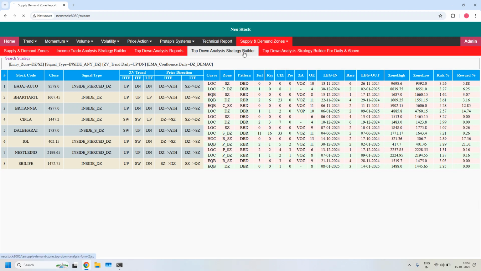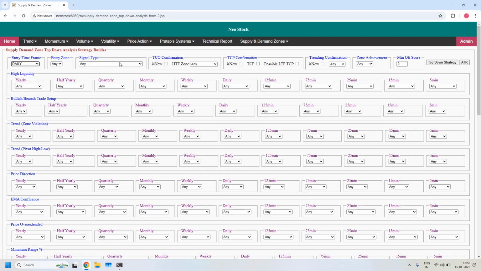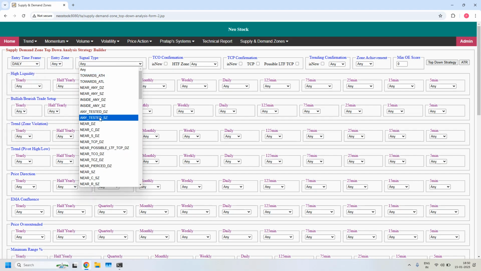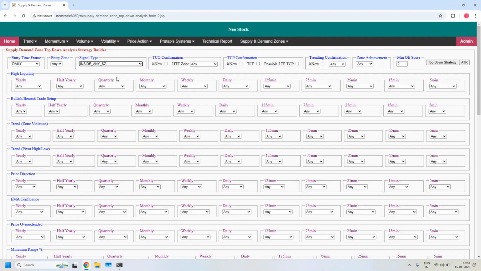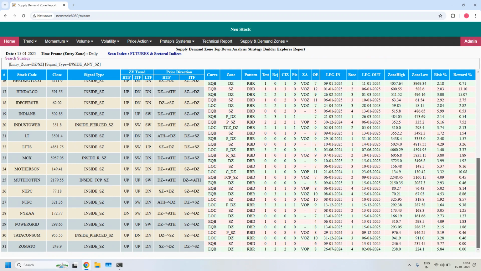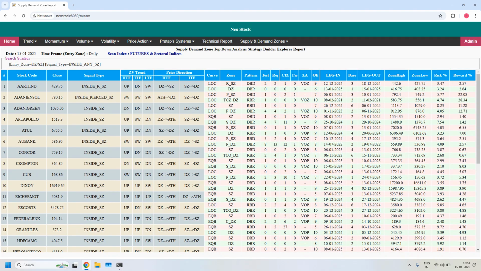Next, daily time frame, price closed inside the daily supply zone, inside daily supply zones. Let's filter. So we got 31 stocks and the first 15 stocks in the list.